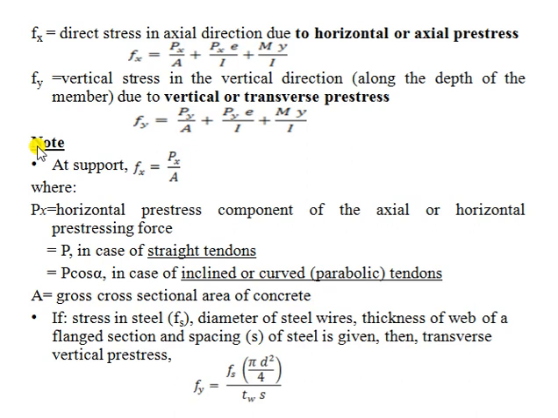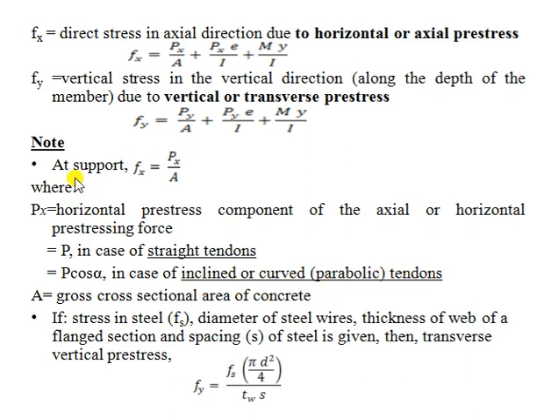Note, to calculate f of x and f of y, we have some boundary conditions. If I want to calculate f of x at the support, then f of x is equal to Px by A, where Px is the horizontal prestress component of the axial or horizontal prestressing force. Px is equal to P in case of straight tendons and Px is equal to P cos alpha in case of inclined or curved tendons.